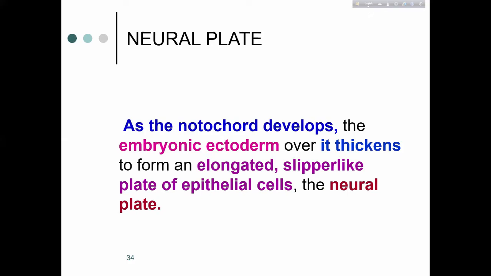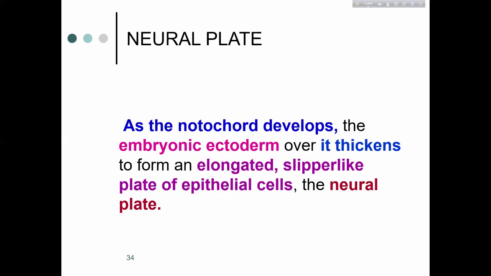Now, what is the neural plate? These are all important and interesting also. As the notochord develops, you have seen in my last class how the notochord develops from the notochordal process in the mesenchyme, in the intraembryonic mesoderm.